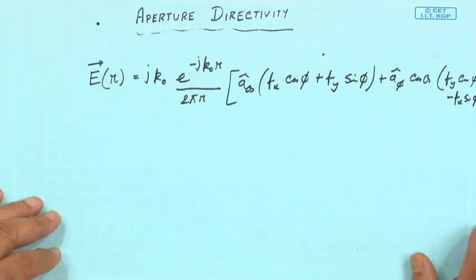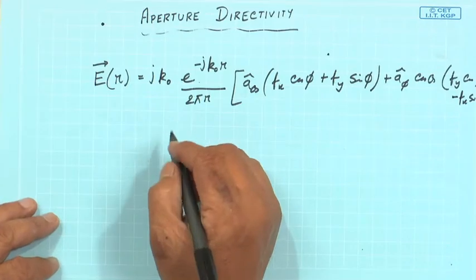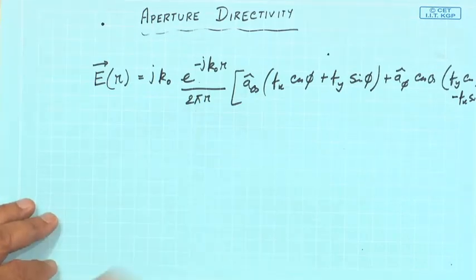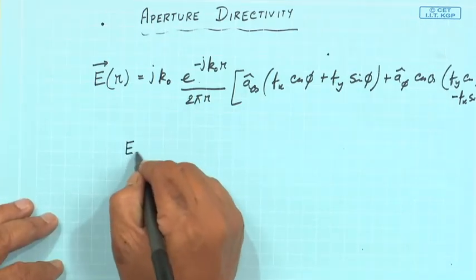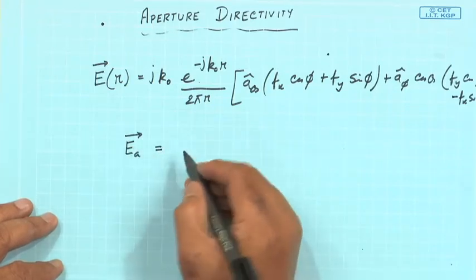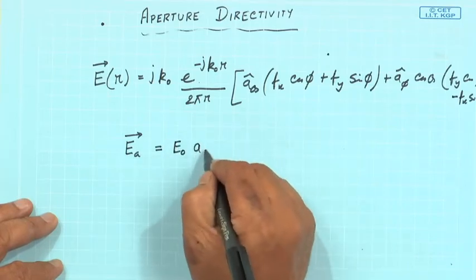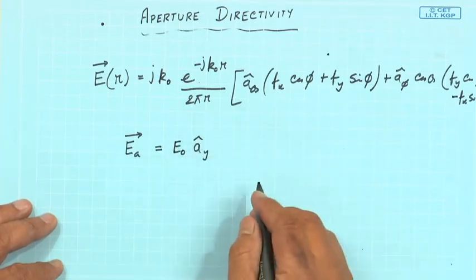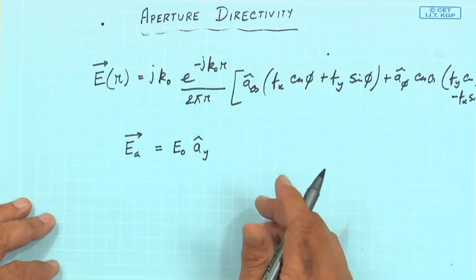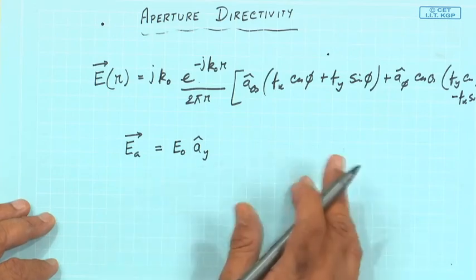Now, our aperture is circular with radius a in the z equal to 0 plane. So, we can write our aperture field as E0 a_y, a linearly polarized uniform electric field. We are assuming it.